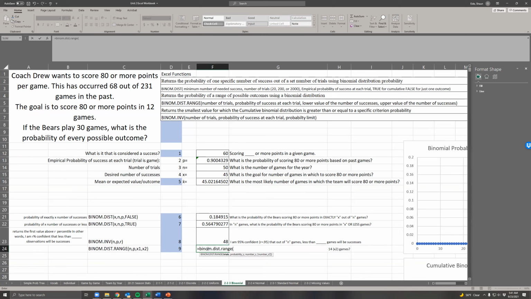Then we're going to put n, the number of trials again, and I just like having it like this. So n, then p, and then x1, we're going to do 35, and then we're going to do 45. And that right there gives us the probability of it being between 35 to 45 games.